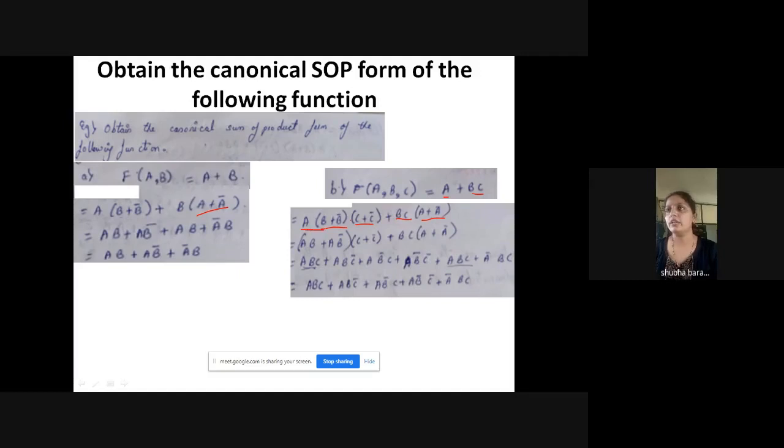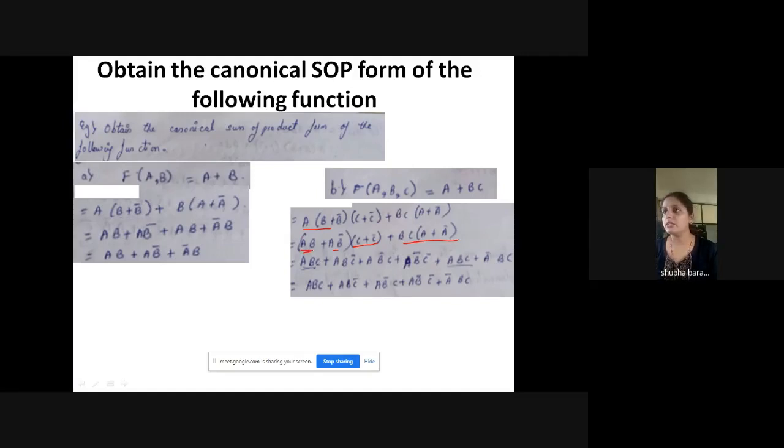Okay, so next is simple, you need to just open the brackets. So I get, when I open this bracket, I get AB, AB bar, C bar I have kept as it is, then you have this kept as it is, right?